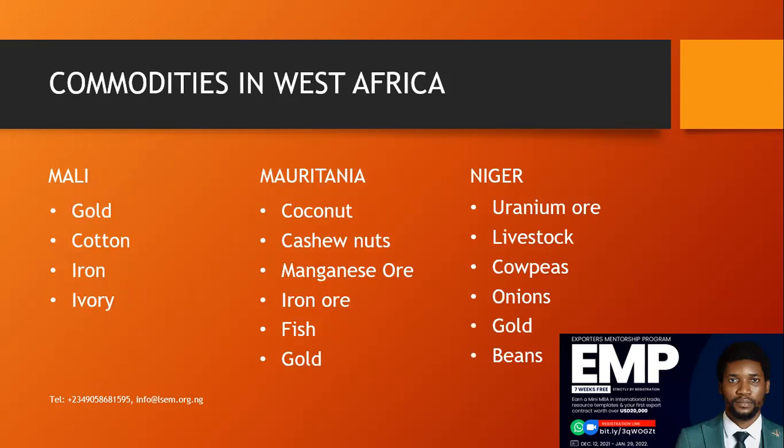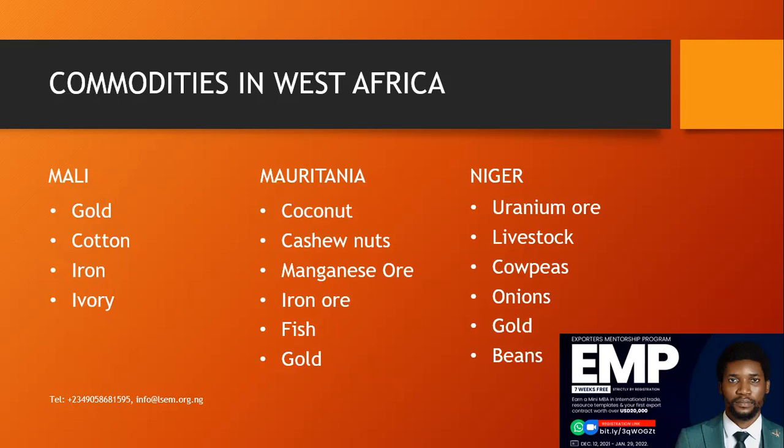In Mali, we have gold, cotton, iron, and ivory. Mauritania has coconuts. Coconut can be used for activated charcoal, and it's one of the most expensive kinds of charcoal you can have. We also have palm kernel.